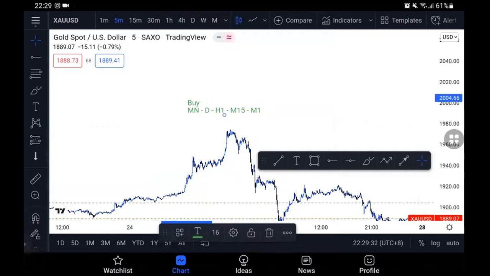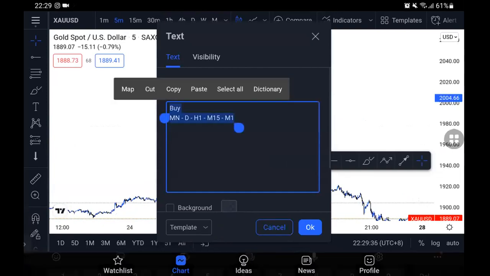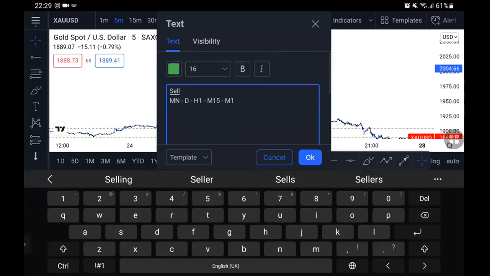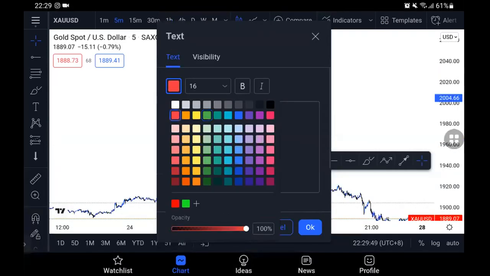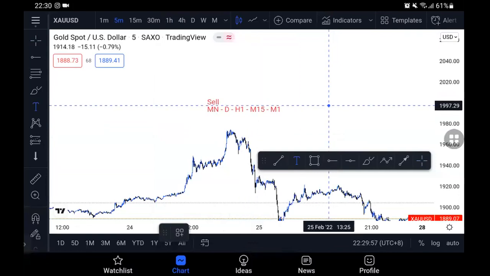This is for sell. Okay, this is for sell, and we put for buy also.